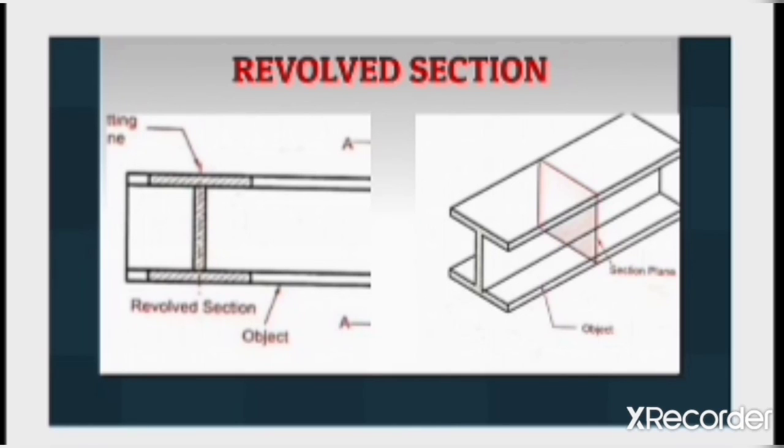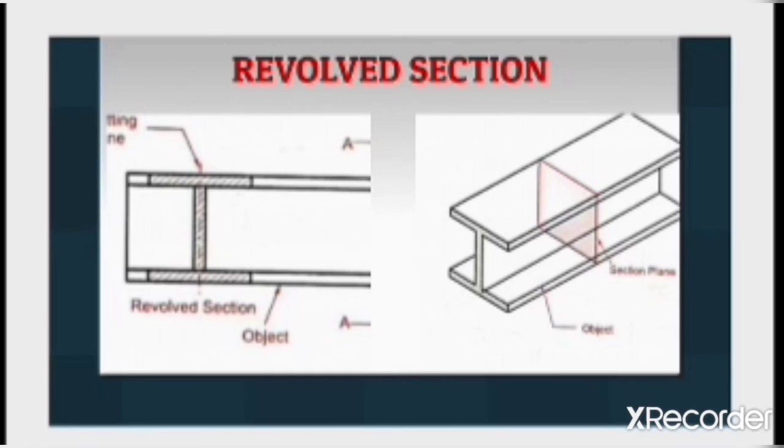In revolved section, the highlighted section will not be separated from the object. The section which is obtained by passing the cutting plane across the axis of object will be projected in the object itself.